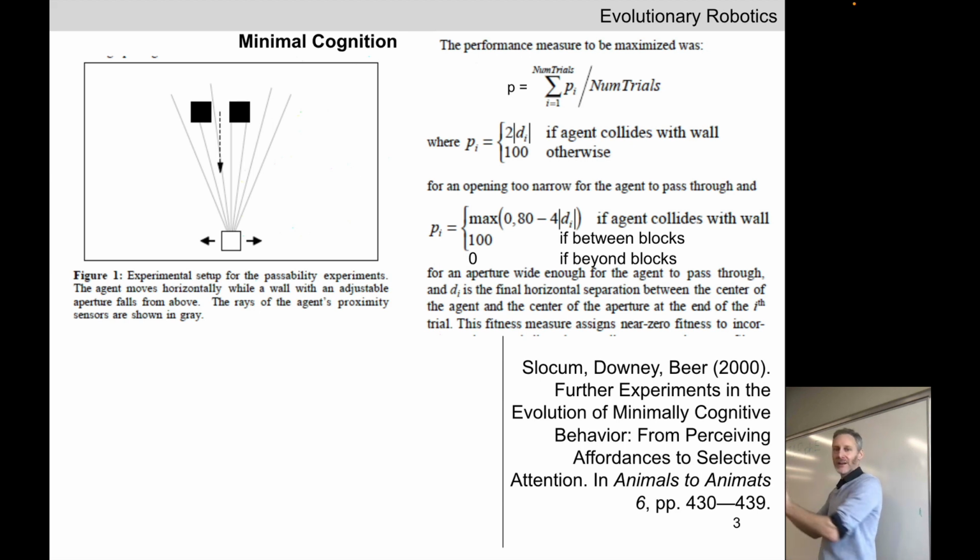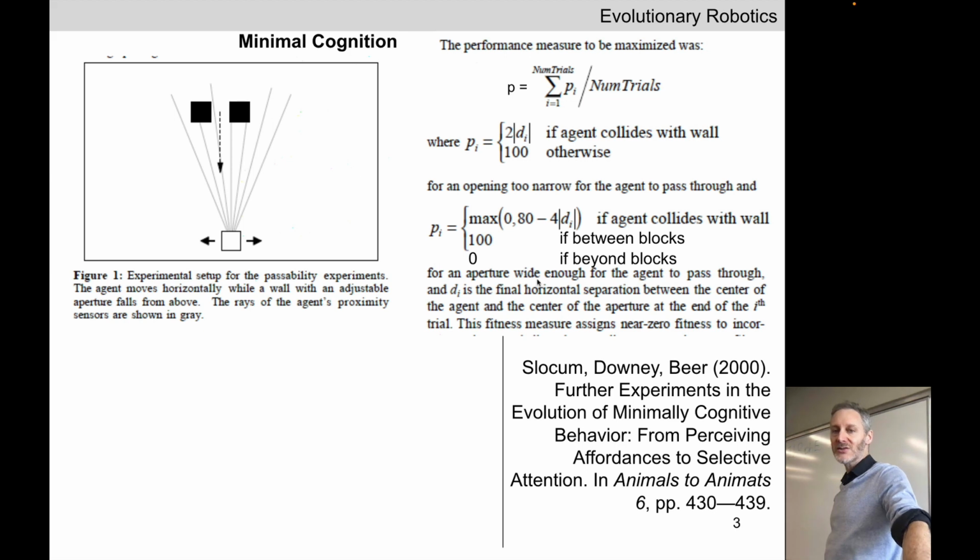Everybody see that? There's another typo in this paper. You don't need to take the absolute of a distance, because a distance is always positive. They're a little sloppy with the math in this paper. Okay, so far so good? Okay, so if we're evolving populations of CTRNNs, and over evolutionary time, the P sub I, in this case, gets larger and larger and larger, that means the CTRNNs are evolving to cause the robot to move away from the pair of objects when the aperture is too narrow.